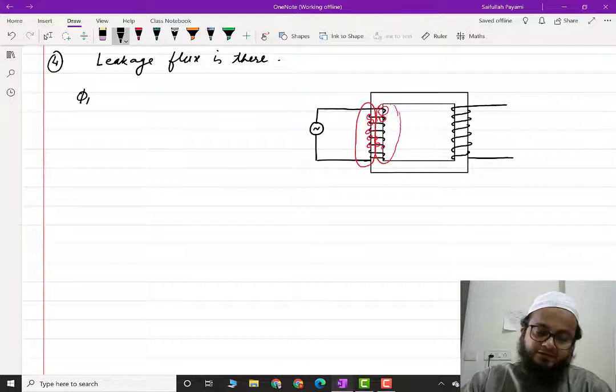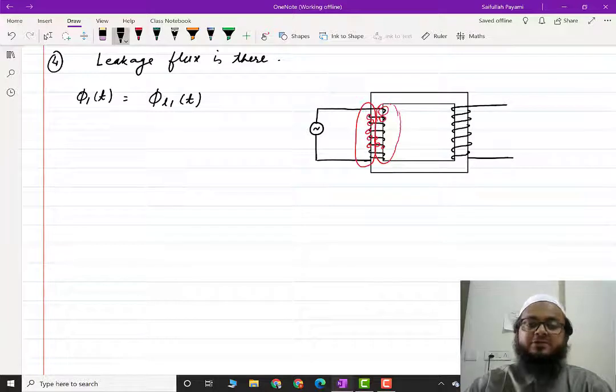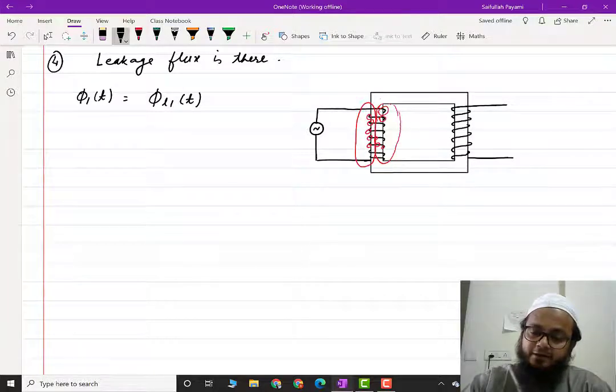So this phi 1t has two fluxes: one which leaks out, which is phi L1t, the leakage flux because of the primary, and the flux which is mutual, which is linking the secondary coil as well.